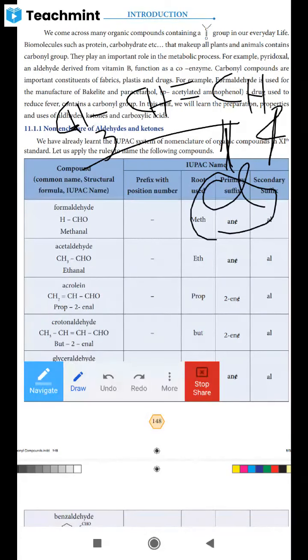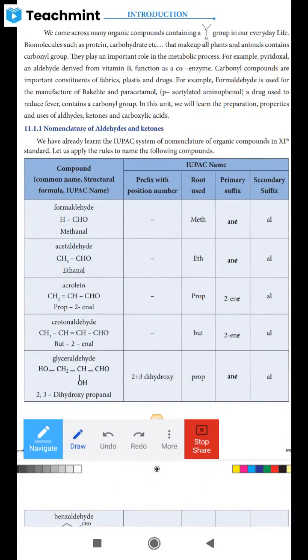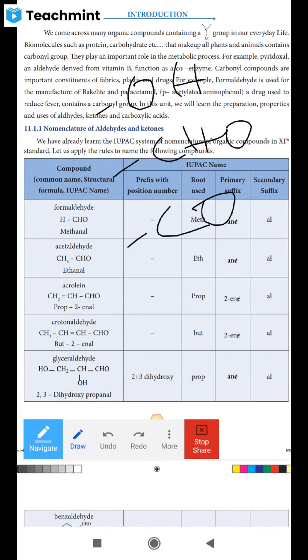So here you are just seeing the functional group. OH, alcohol, one bond is there. Aldehyde, CHO, one bond is there. Ketone, CO, one bond is there. Acid, COOH, one bond is there.